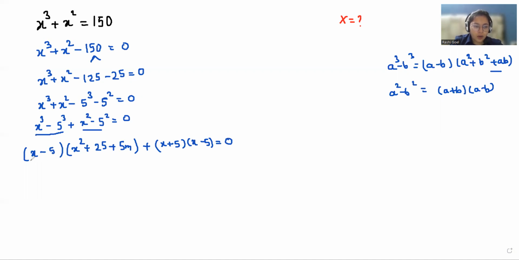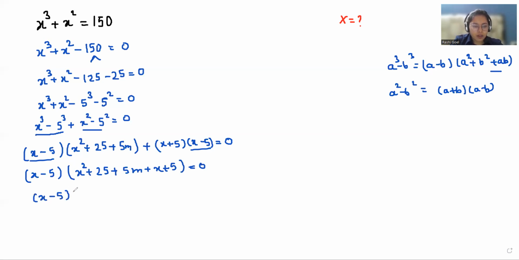Now I can take x minus 5 as common. So what is left? x square plus 25 plus 5x plus x plus 5 is equal to 0.